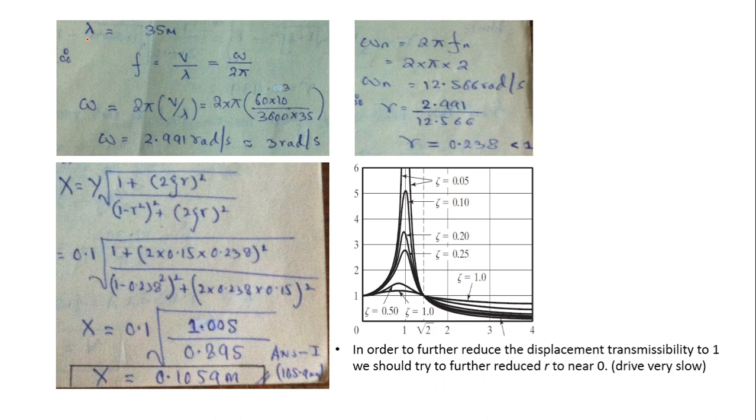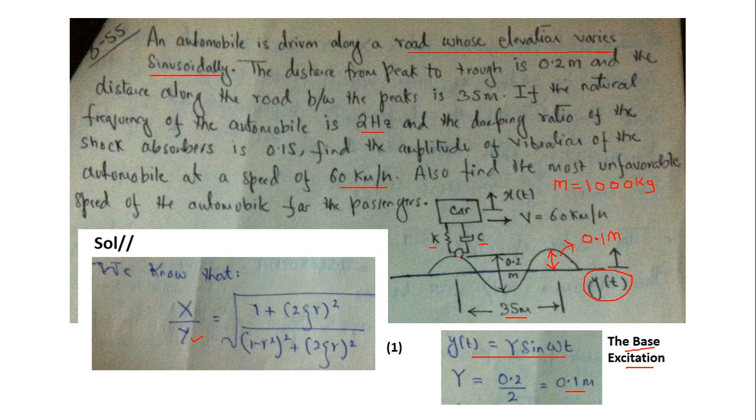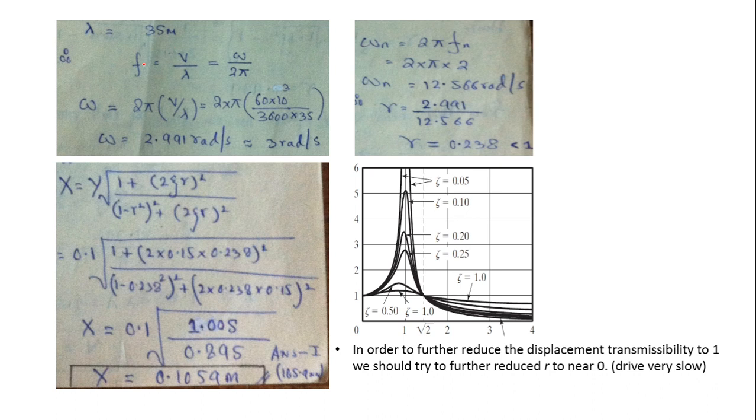Now since the wavelength is 35 meters, that is the distance between the two peaks of this wave profile is 35 meter. Okay, frequency, velocity and wavelength can be represented with this formula, or you can say that the linear velocity v is equal to the product of the frequency times wavelength lambda. And we also know that this frequency in hertz can be written in terms of radian per second as omega upon 2 pi.